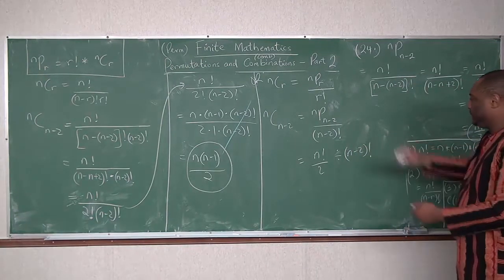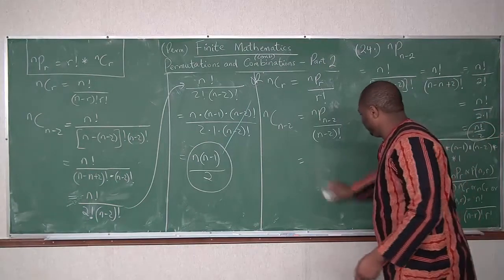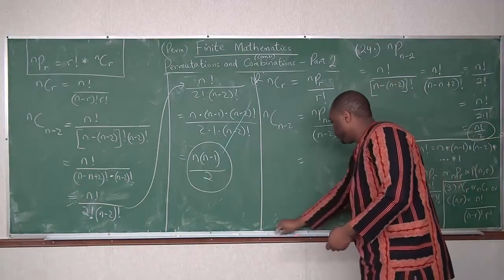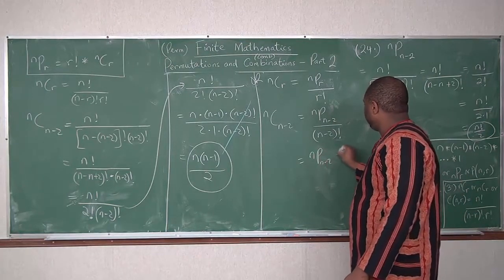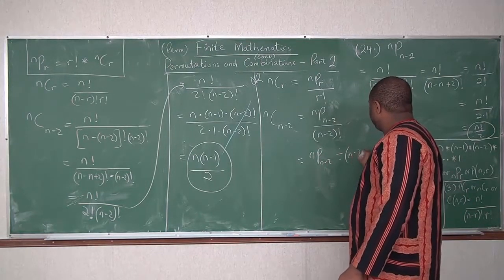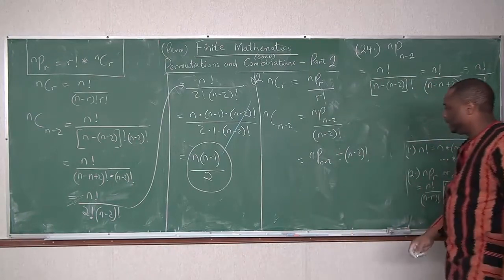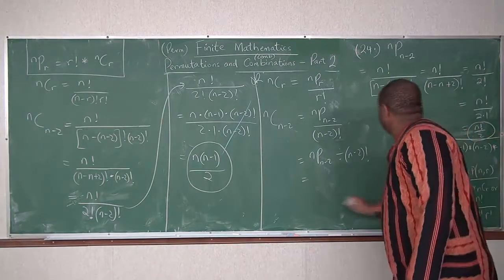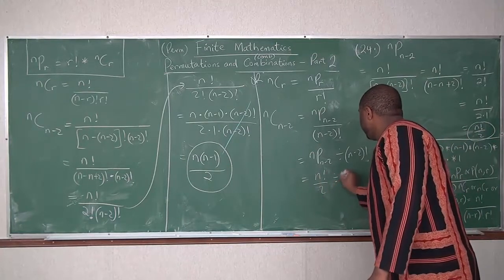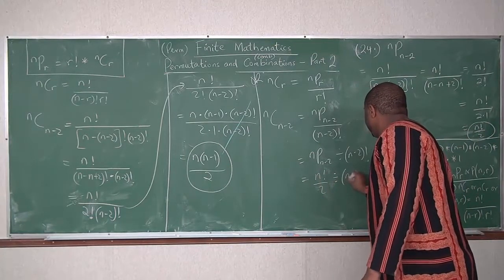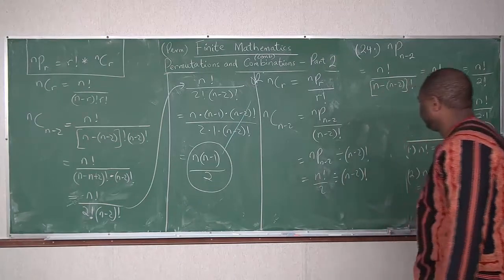I would like to skip steps here because some folks will have questions. This is nPn minus 2 divided by (n minus 2) factorial. Is that right? So this will be n factorial over 2 divided by (n minus 2) factorial.